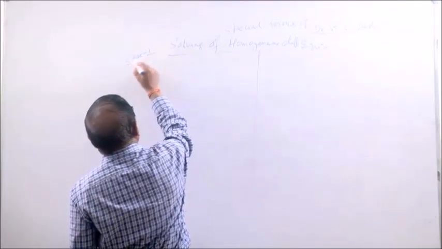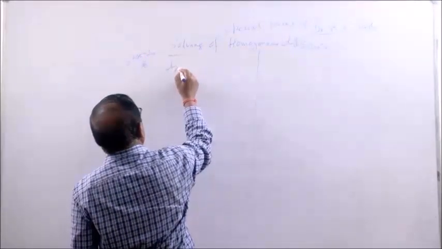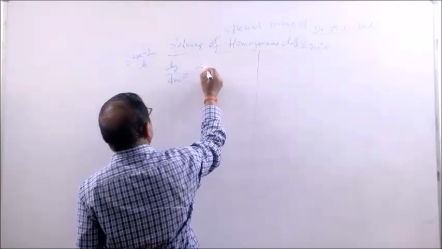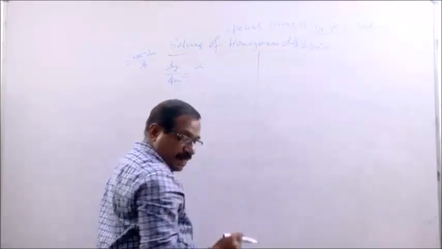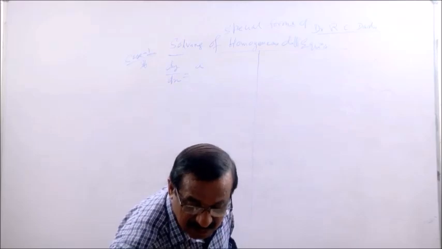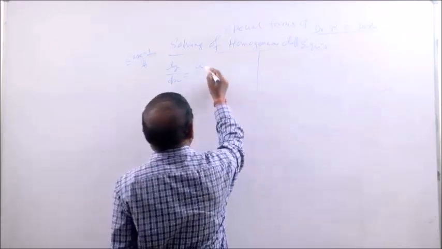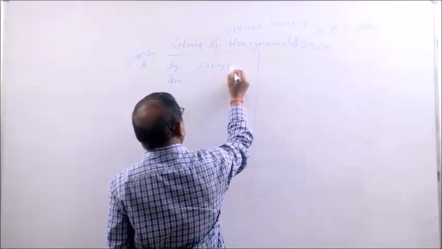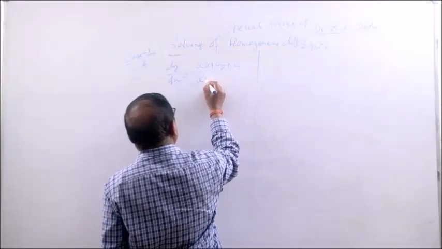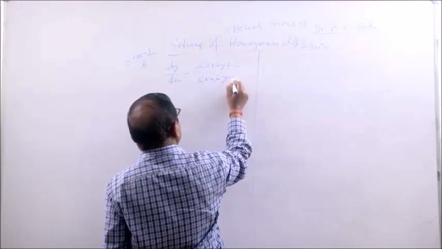Case 1: if dy by dx is equal to (ax plus by plus c) by (a dash x plus b dash y plus c).